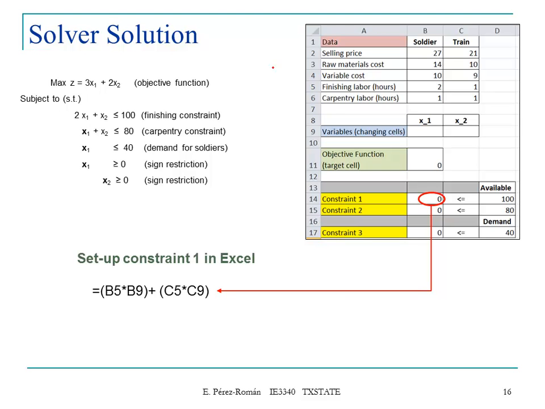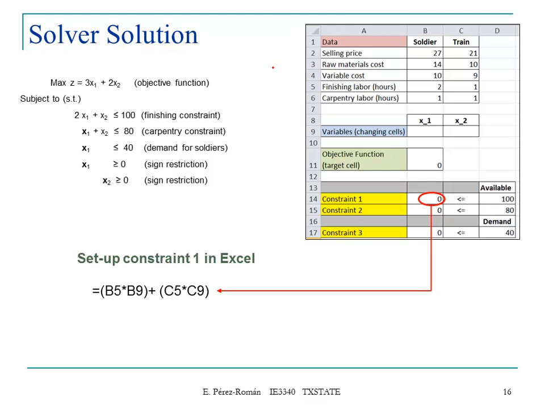So x1 times 2, so it's B5 times B9. And then we have the finishing constraint corresponding to x2, which is the train. So we have C5 times C9.